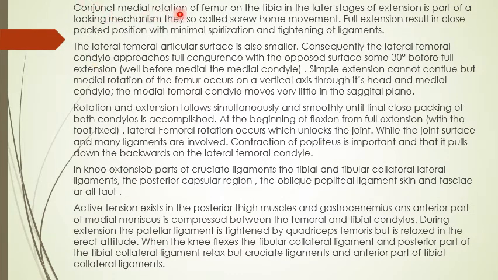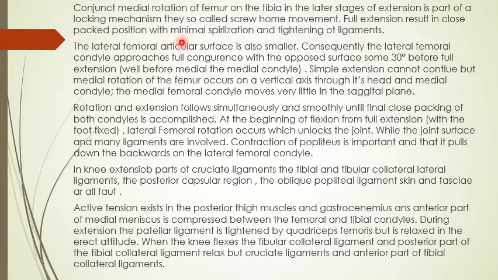Conjunct medial rotation of the femur on the tibia in late stages of extension is part of the locking mechanism, the so-called screw home movement. Full extension results in a close pack position with minimal spiralization and tightening of the ligaments.